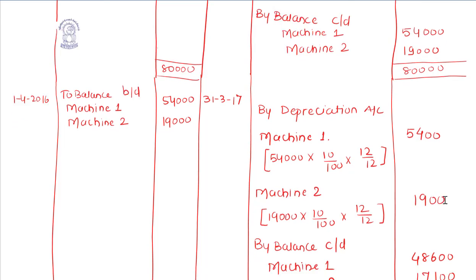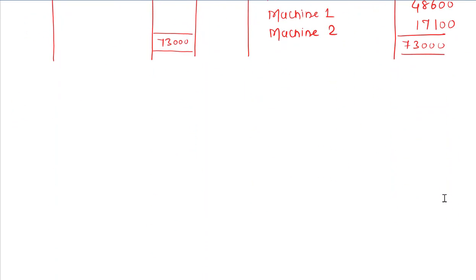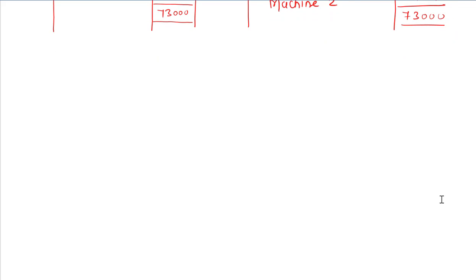I believe you understood. So we have made this account for 2 years, 2015 and 16. Let's make it for 17 now. Stretch these lines.